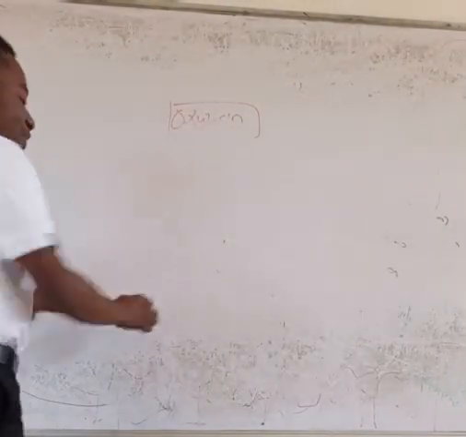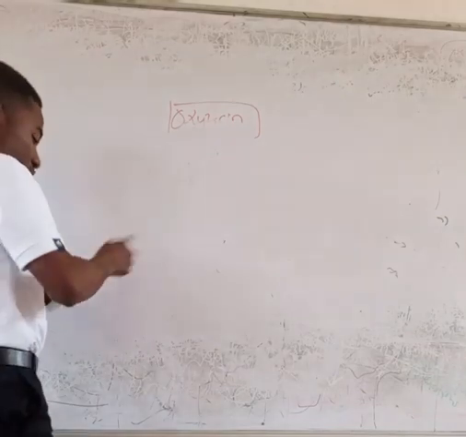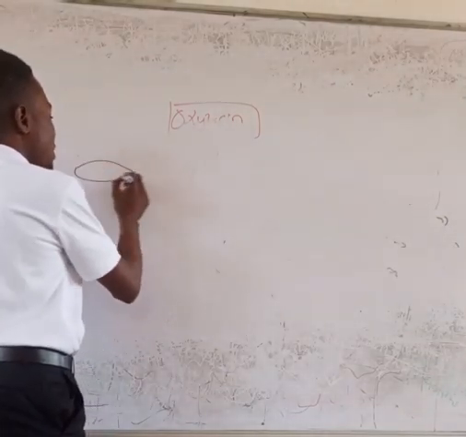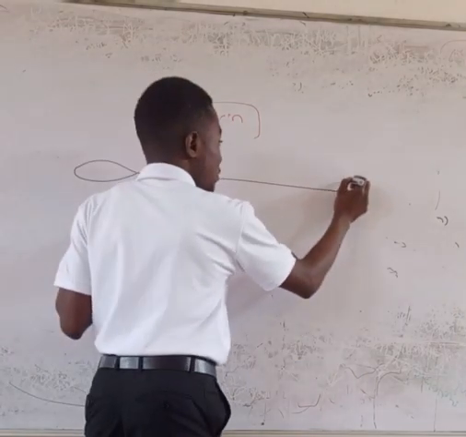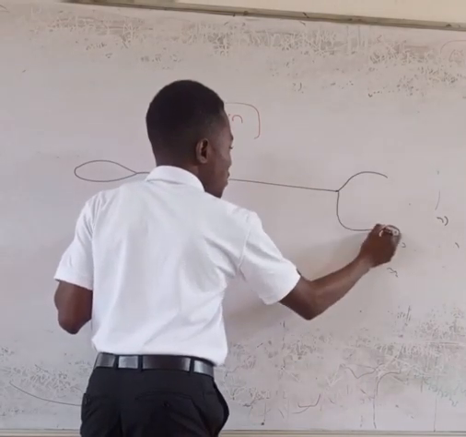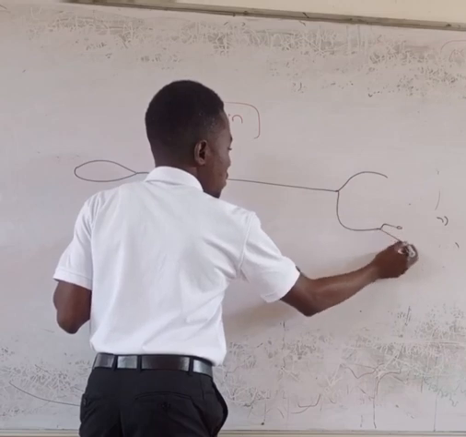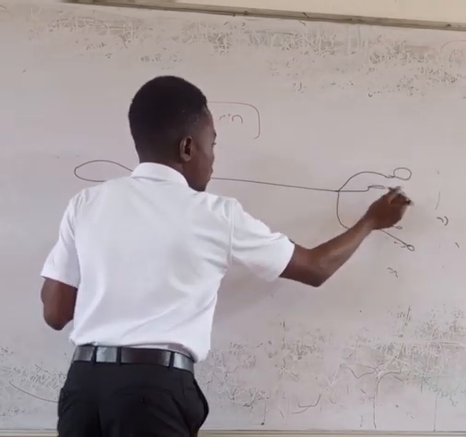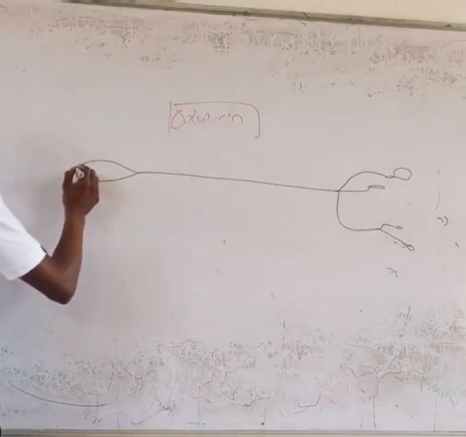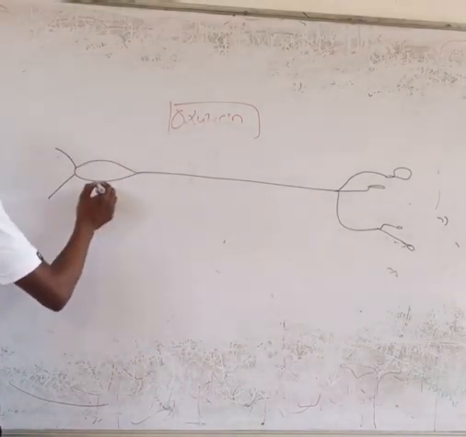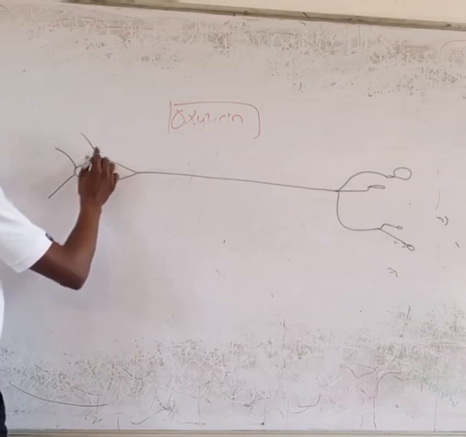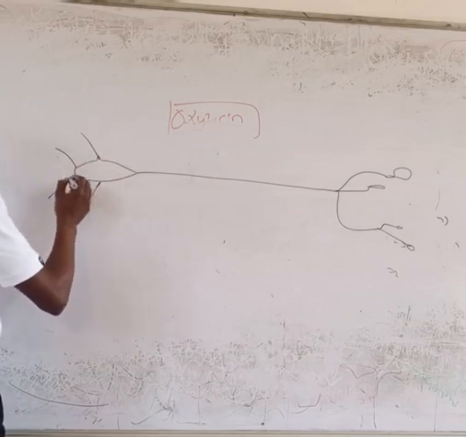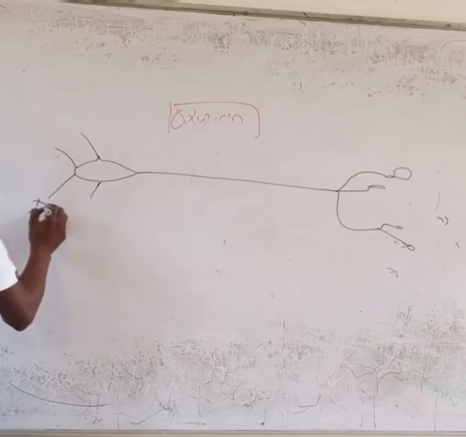So the mechanism of action of oxytocin. Remember I told you, this is the neuron. So these are dendrites.